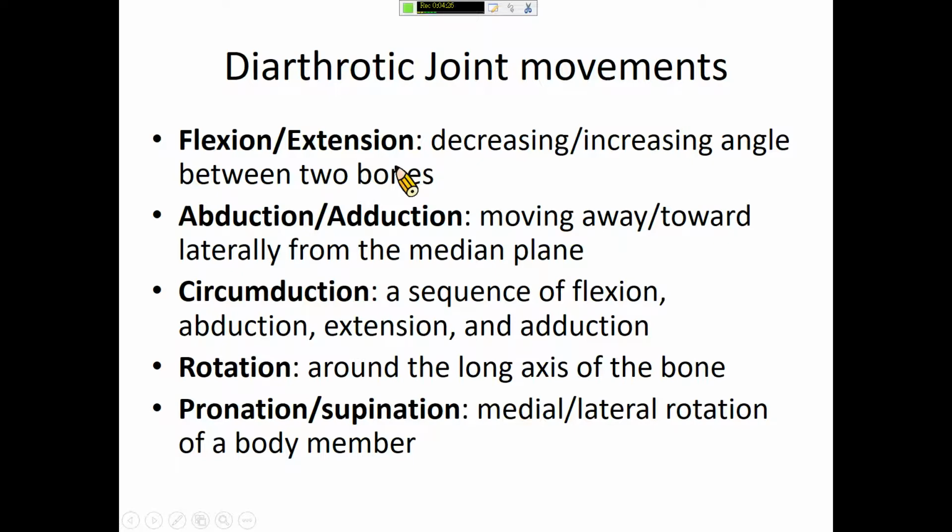You're making this angle smaller, so it's flexion, but it's not. We'll look at it later. But for now, this definition is so intuitive. Decreasing the angle is flexion. Increasing the angle is extension.